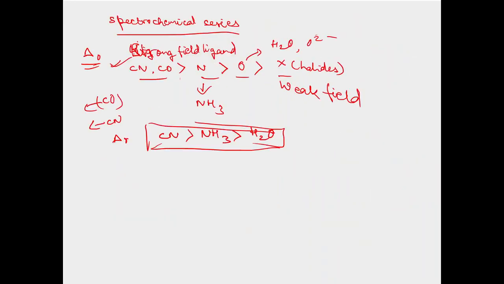And also, I have told this before, why CN or pi acceptor type of ligands are stronger field ligands than sigma-only type of ligands or halides. What happens is, because of this, we are having the t2g orbital and the eg orbital.